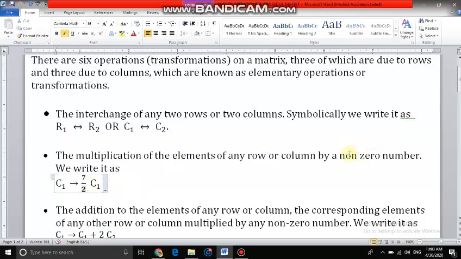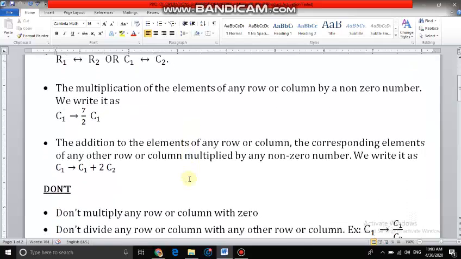Here they mention any non-zero number, which means you cannot multiply any row or column by zero. Here you cannot write C1 tends to 0 times C1. That is not possible. The entire row or column cannot be multiplied by 0. That operation you cannot apply.